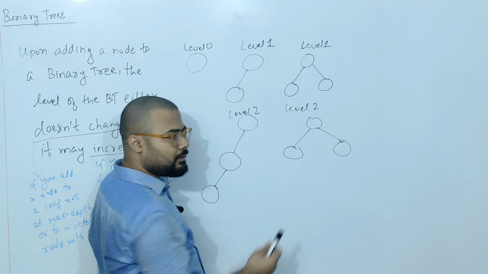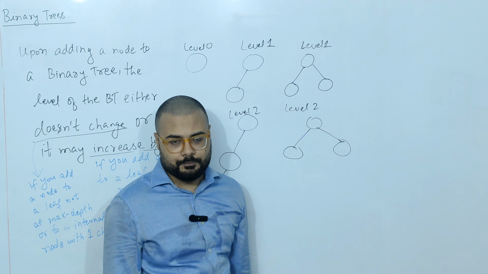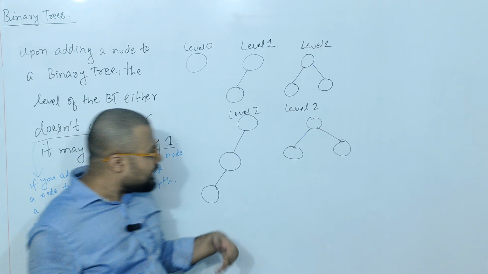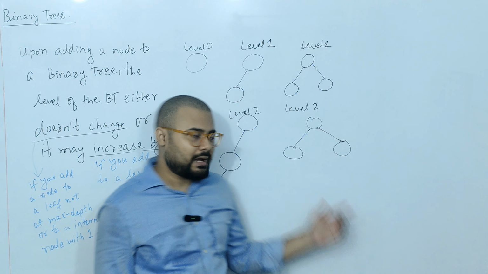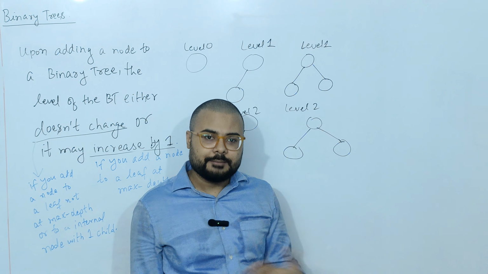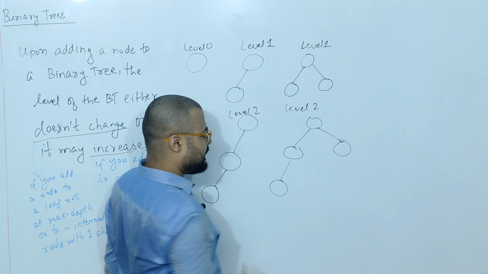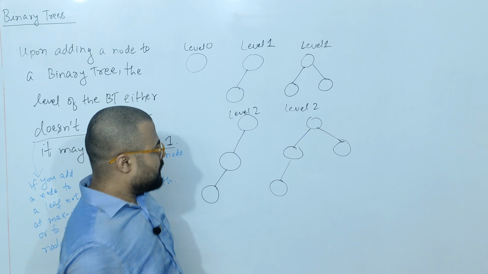So I can only add nodes to this node or to this node. That is, I have to add a node only at the maximum depth, to the leaf at maximum depth. So the depth of the tree will increase by 1. So if I add to this, let's say, okay.